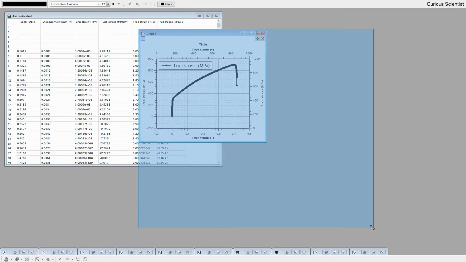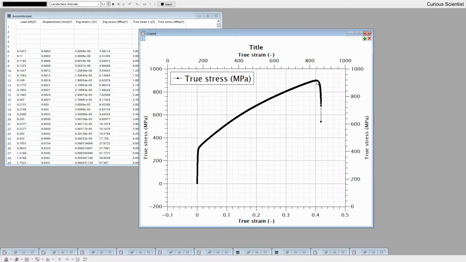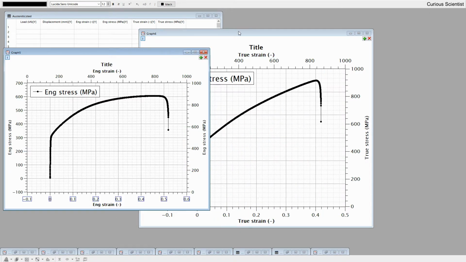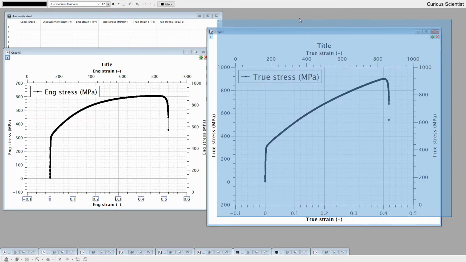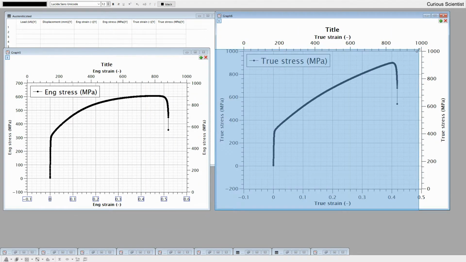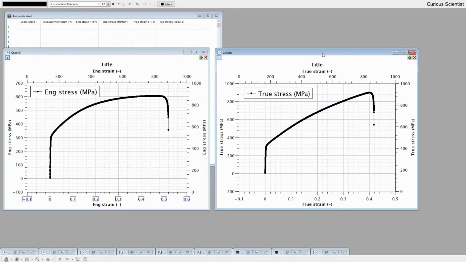Let me enlarge it. And we have larger numbers. And of course we have larger numbers because if we start to pull the material, then the cross-sectional area will decrease. So if you decrease the cross-sectional area and you increase the force, of course you are getting larger and larger stress values. So therefore, if we compare it to the engineering curve, we can see that it is considerably different, right? But the numbers are more or less close to each other.